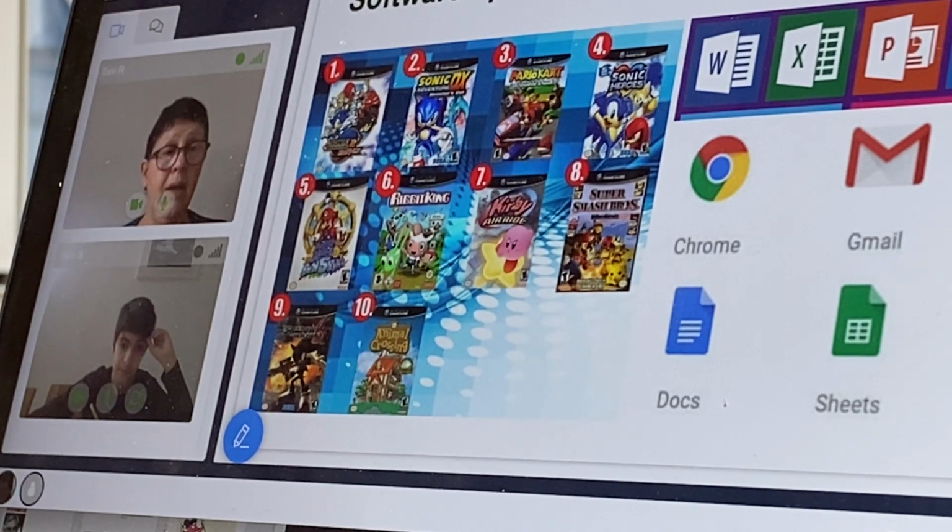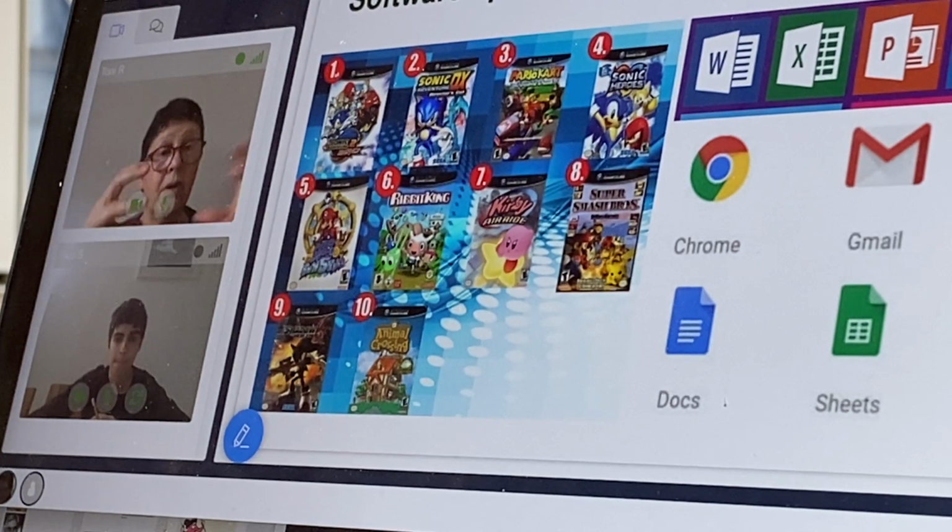It might be Google applications like Google Docs for word processing, Google Sheets. It might be Google Chrome to access your web browser. It might be your email. It might be your Google Drive where you can save your data. So all of these are software.